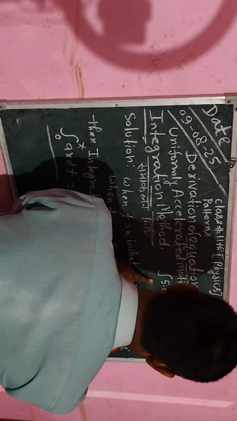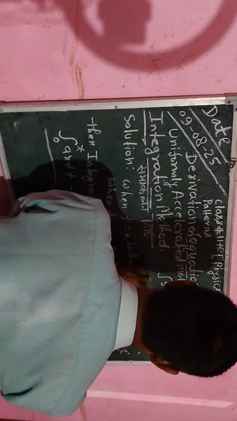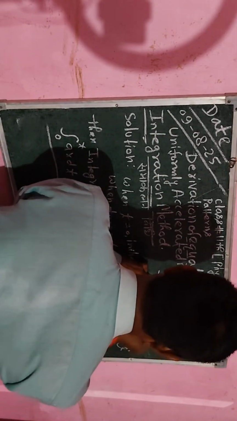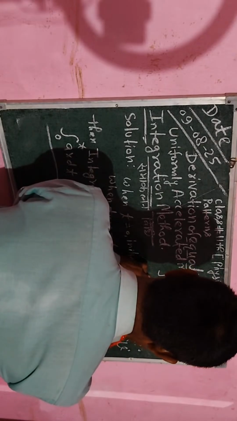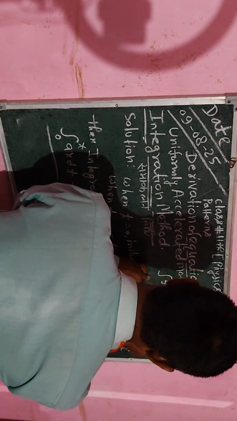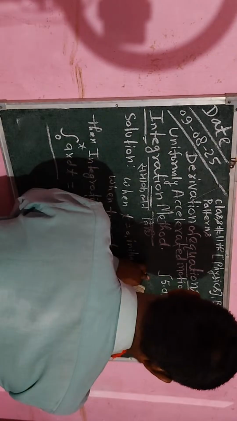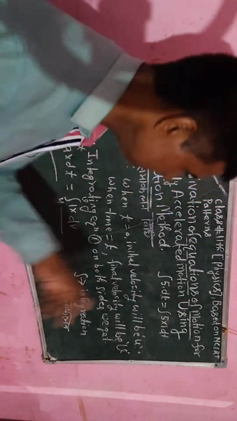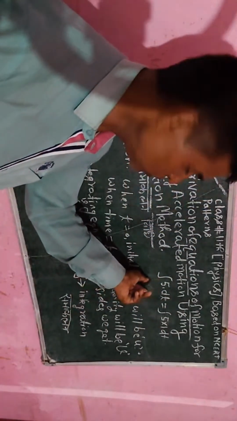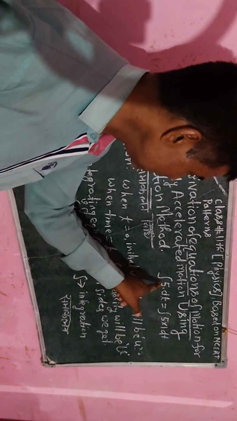So I can write it like this: 5 can be written as 5 into 1 into dt. Here I am going to explain the information in detail.